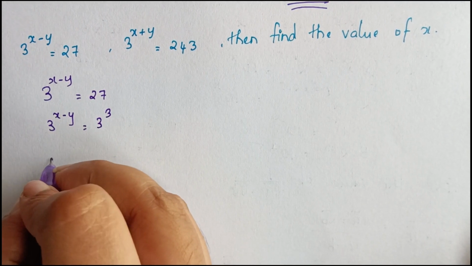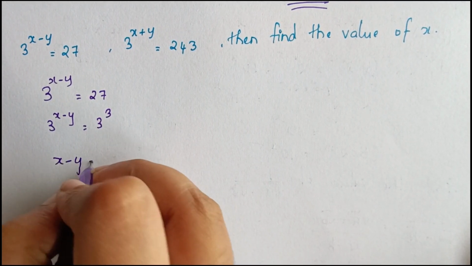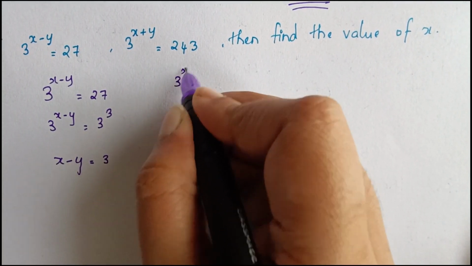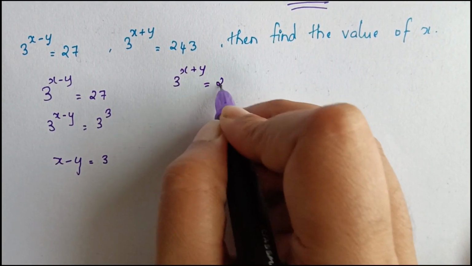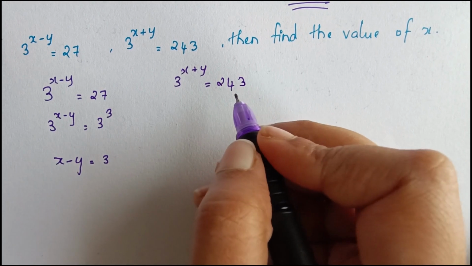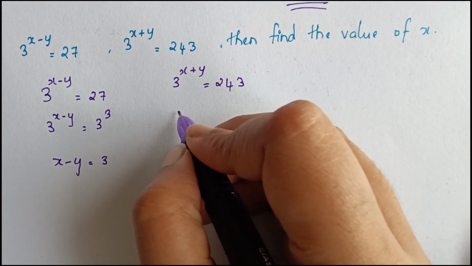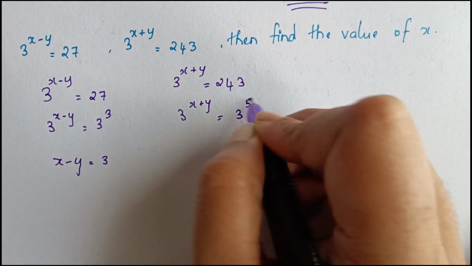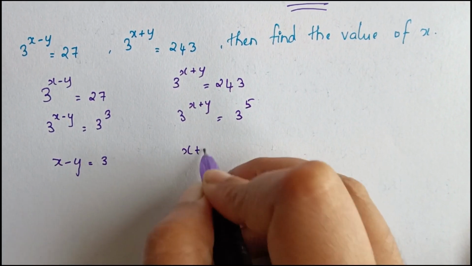Now we can equate: x minus y is equal to 3. Similarly, 3 raised to x plus y is equal to 243. 243 is actually 3 raised to 5. So x plus y is equal to 5.